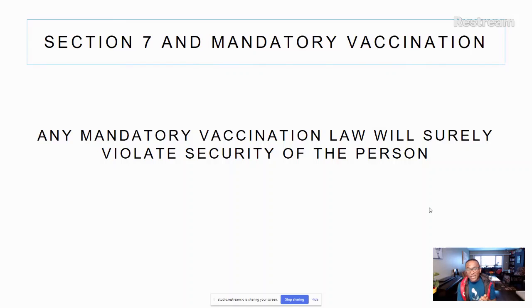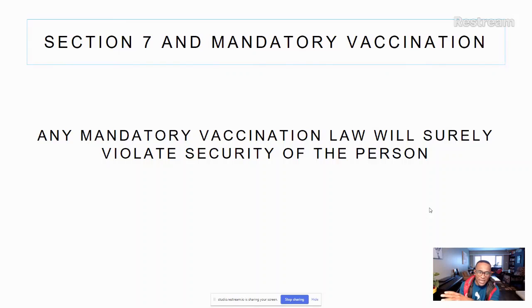I don't think it'll be a violation of your right to life. I don't see that. I don't think it'll be a violation of your liberty. It could be a violation of your liberty, depending on how they do it. But the right that will be most likely implicated is the right to your personal security. So I don't think this is going to be an issue.